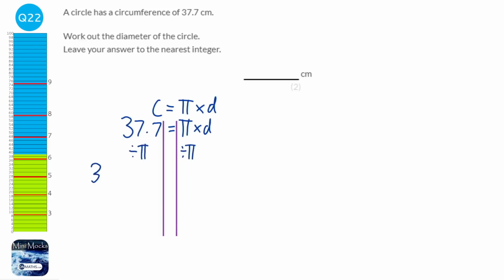So we've got 37.7 divided by pi equals the diameter. And so that is, when you round, well, it's 12.00 and so on. Round to the nearest integer, that would be 12 centimeters. And we can try it by typing in 12 times pi, and we get what would round to 37.7.